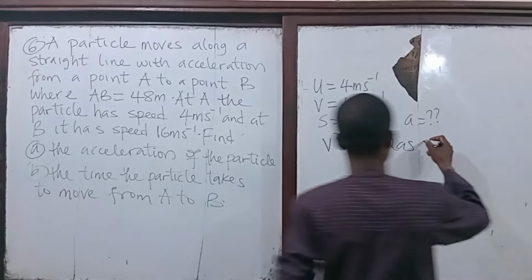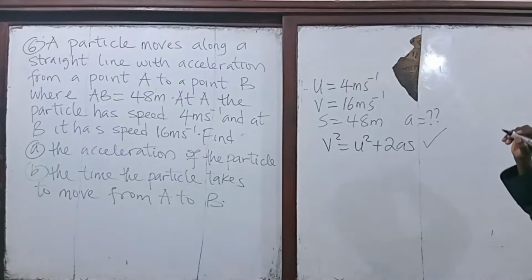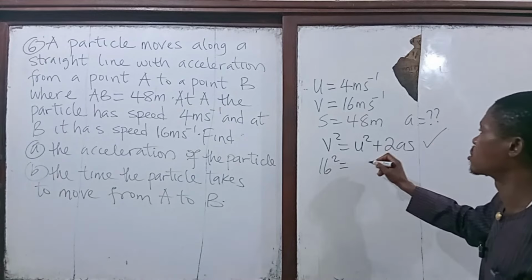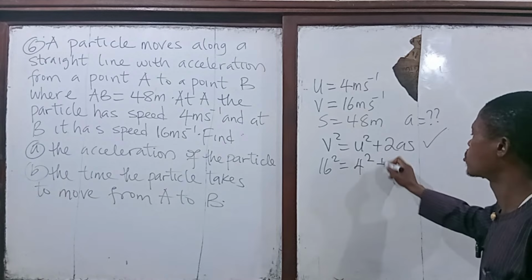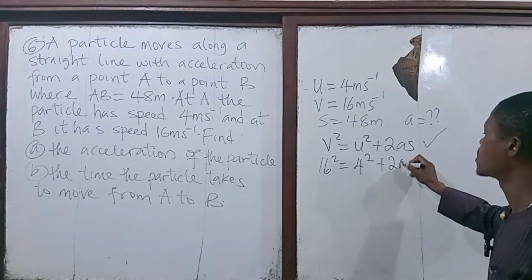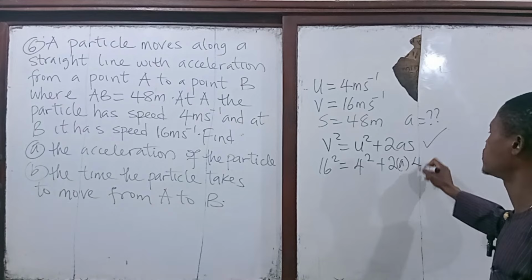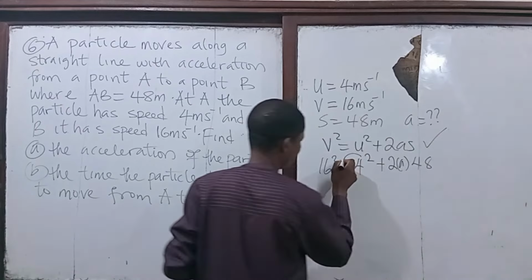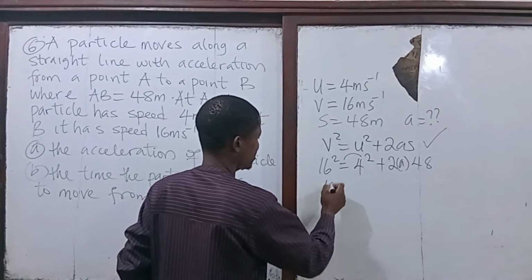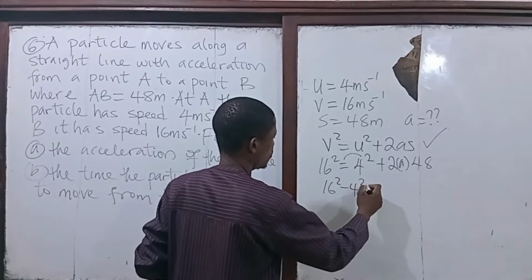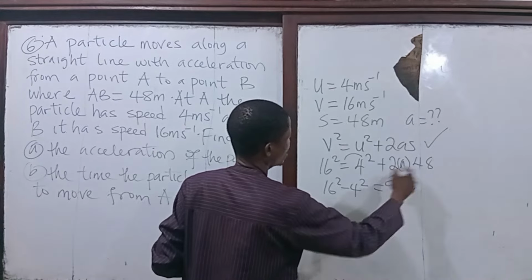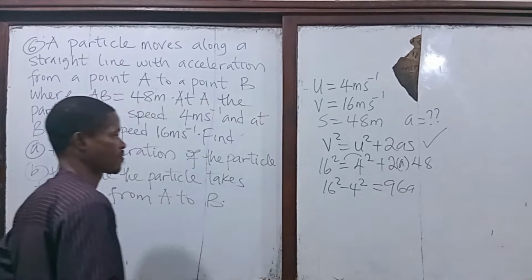This is good. You can apply this. My V is 16. My U is 4 squared plus 2 times A. The distance is 48. So it's going to be, move this one to the other side, that's 16 squared minus 4 squared equal to 96A. 2 times 48, that's 96A.